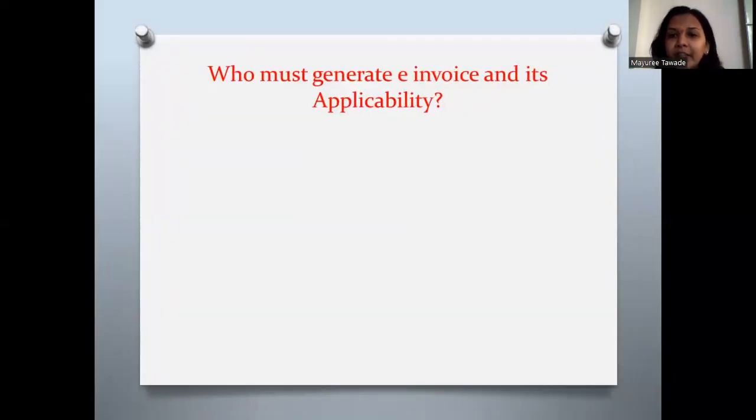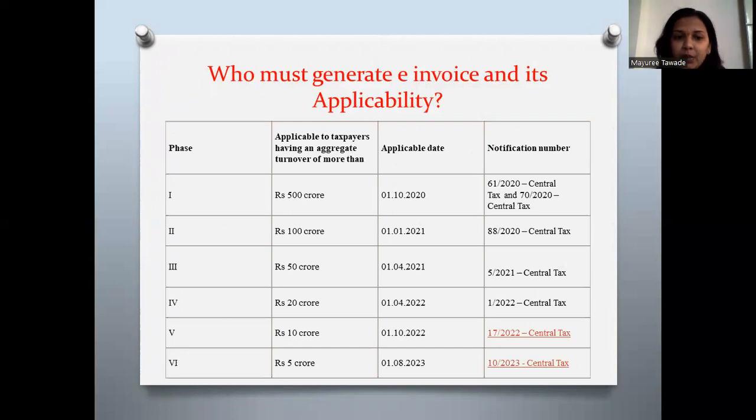So who must generate e-invoices, and its applicability? In the first phase, it is applicable to taxpayers having an aggregate turnover of more than a given amount, with applicable dates and notification numbers. I have taken this table from the authenticated GST portal. Phase 1, 500 crores, the applicable date was 1/10/2020.